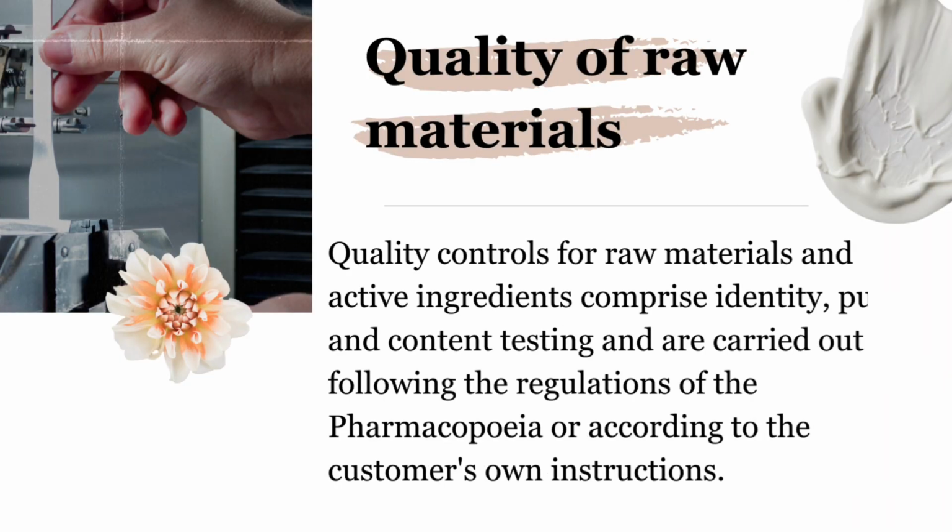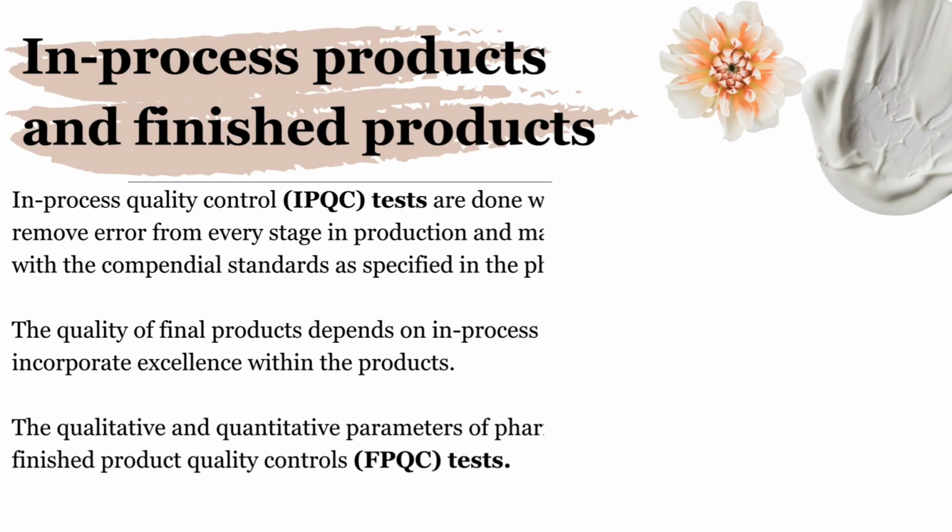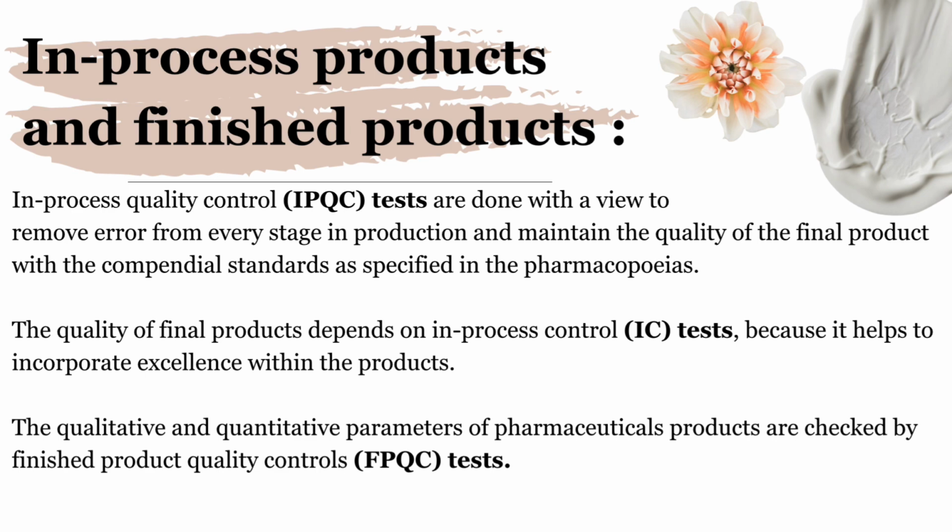Quality of raw materials. Quality controls for raw materials and active ingredients comprise identity, purity, and content testing and are carried out following the regulation of the pharmacopoeia or according to the customer's own instructions. In-process product and finished product. In-process quality control, IPQC, tests are done with a view to remove errors from every stage in production and maintain the quality of the final product.